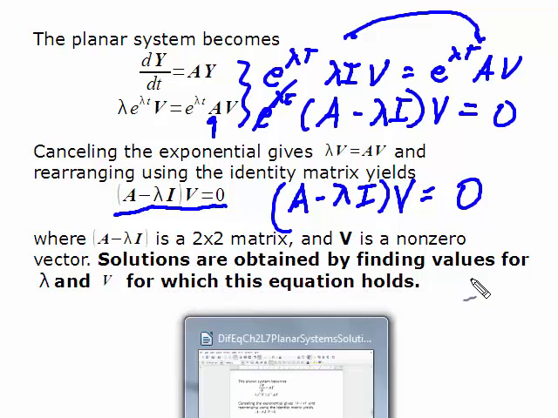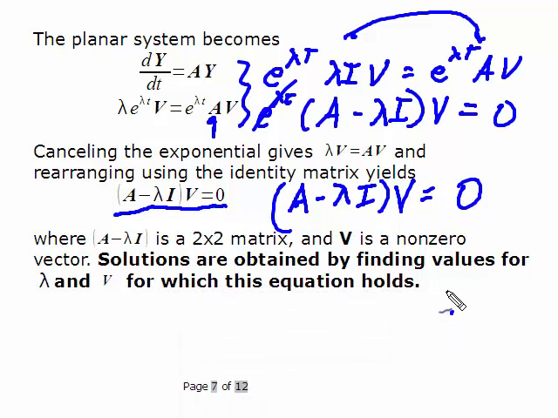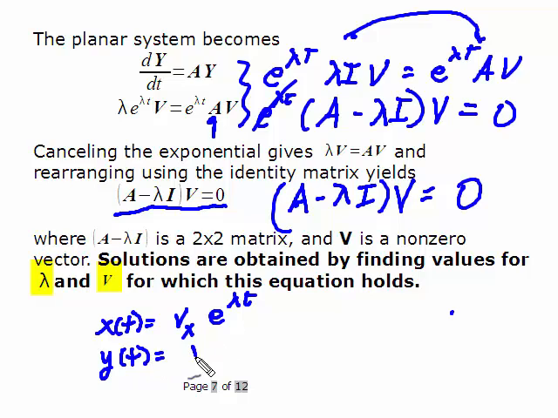So now to find the solution of the differential equation with the assumptions that we made, we need to find values for lambda and for V, because we already have assumed their form. Remember, just kind of want to always keep that in mind. We said that x of t was some constant, vx times e to the lambda t, and y of t is some vy e to the lambda t.